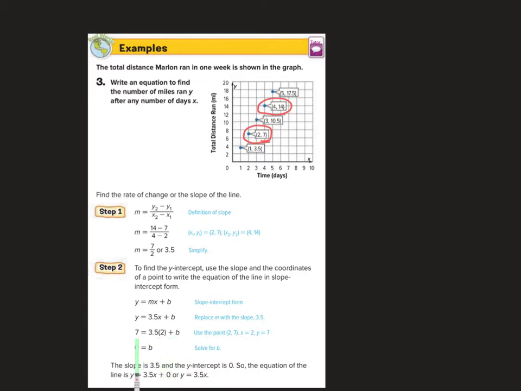So we get 7 equals 3.5 times 2 plus b. When I multiply 3.5 times 2, I get 7.